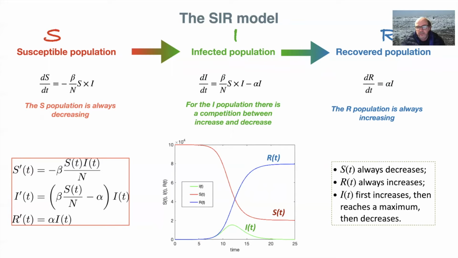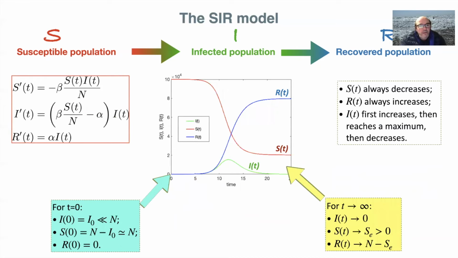The recovered population is increasing and also reaching a plateau, and the infected population is increasing and then decreasing, and the limit of it is 0. It's indicated on the right: S is always decreasing, R always increases, and I first increases, reaches a maximum and then decreases.